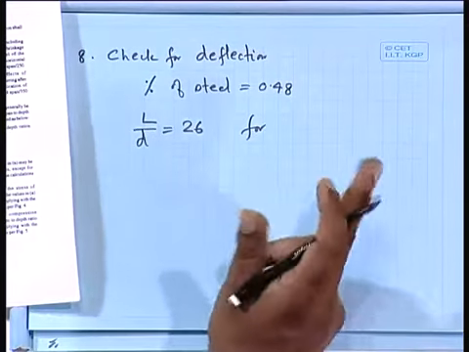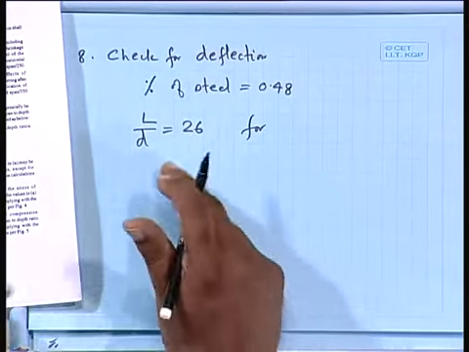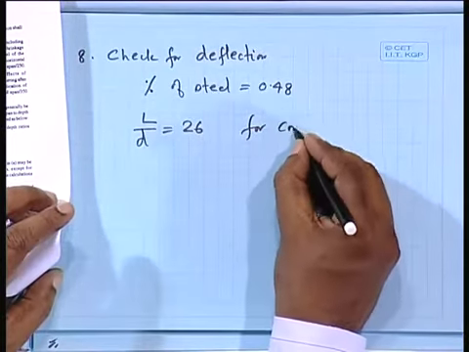We are taking continuous here, so L by D as 26.